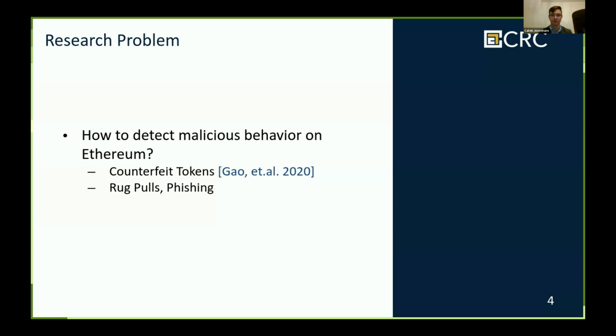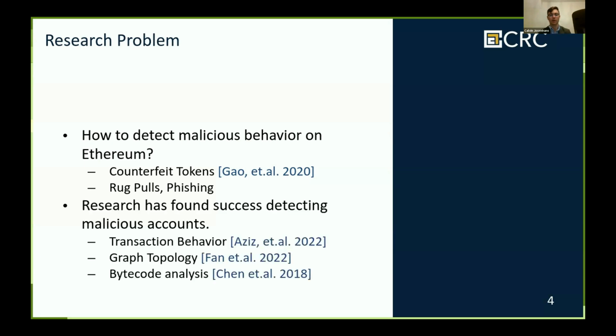There's been a proliferation of counterfeit tokens and a variety of other scam behaviors, Ponzi schemes and rug pulls, where token values are brought really high and then sold out before people can get their money back. It is very much still a problem, and research is being done to combat that, and has found some success, particularly in detecting malicious user accounts.